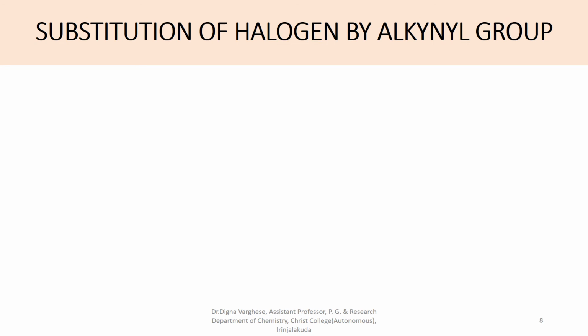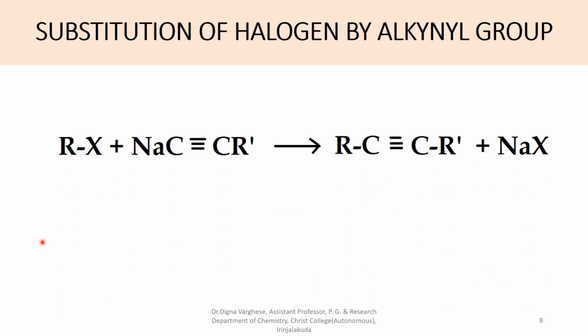Another reaction is substitution of halogen by alkynyl group. Here you can see alkyl halide reacts with sodium alkynide. Alkynide means a triple bonded carbon attached to sodium. So it is a sodium alkynide.